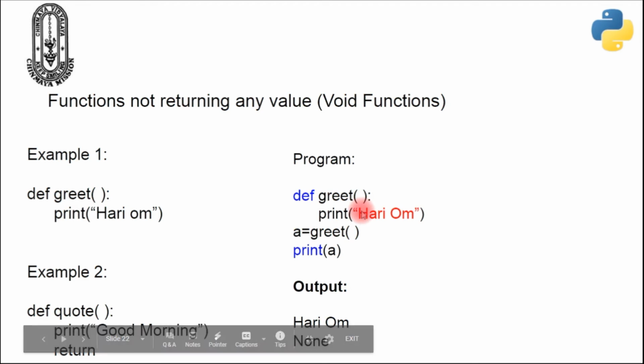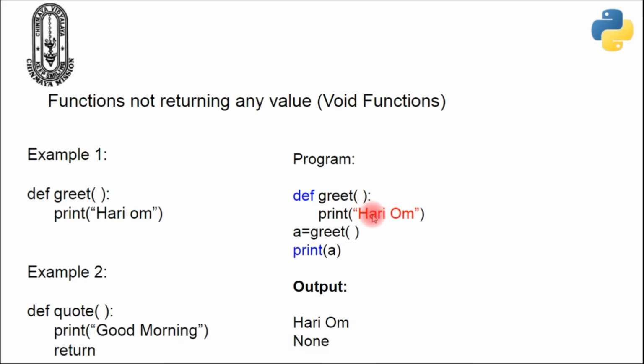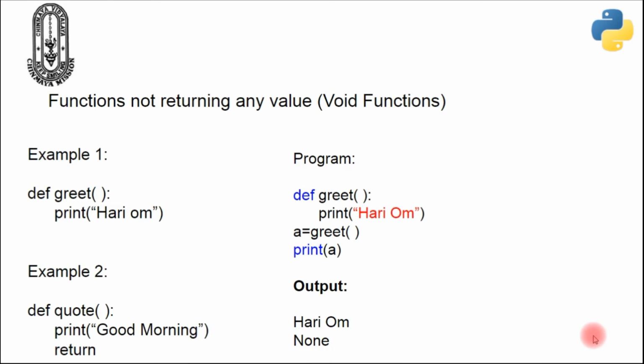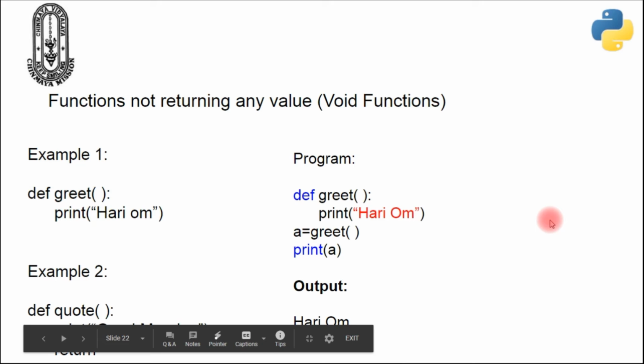During the function call, it executes the print statement. We can see the message in the print statement, Hari Om, and as we don't have any return statement in the function, the None value is stored in the variable a. So while printing the data stored in the variable a, you can see the output as None.